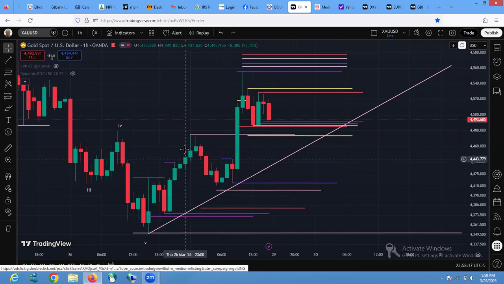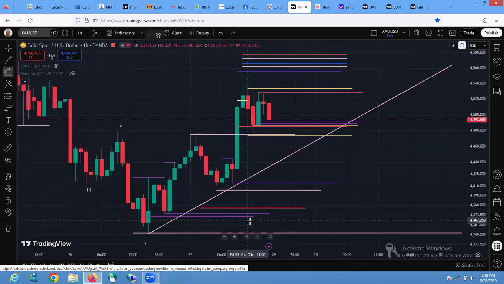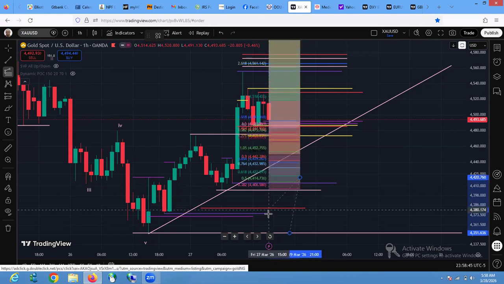This in itself didn't go up as 5 waves. You may want to see it like that, at 1, 2, then 3. This one also didn't mark up to 1.618 to give me a proper wave 3. From here, up here, I'm taking a little more time here to this area.